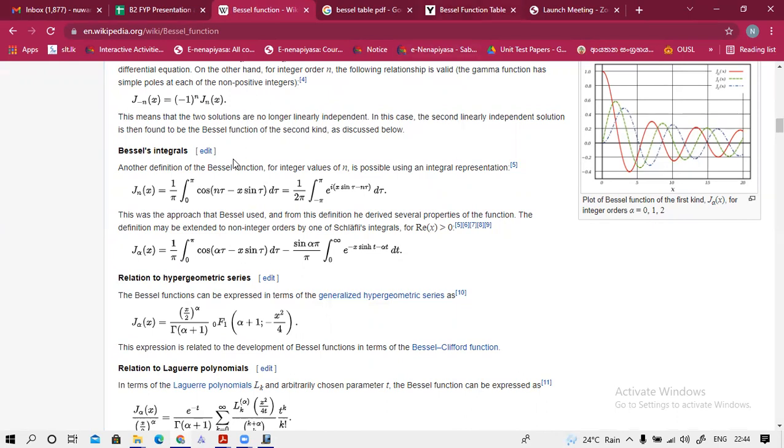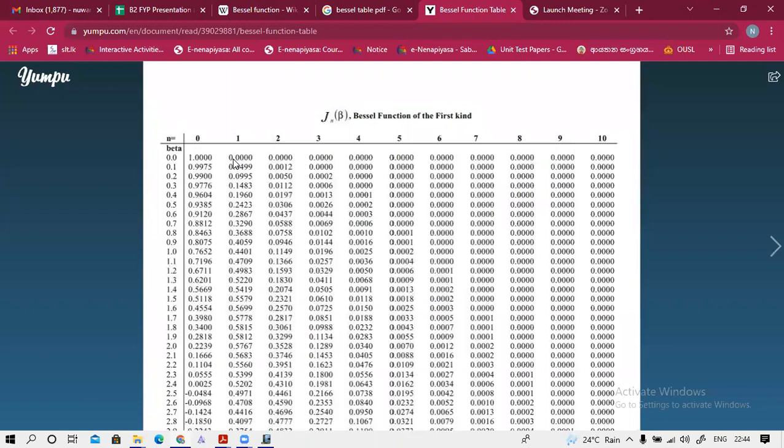Here we have a Bessel table. We have n is 2, and we select x is 5. So this value we will get as the answer, 0.007.